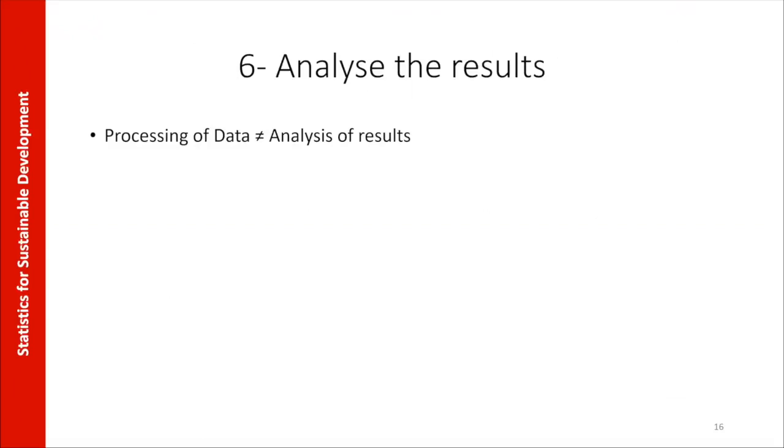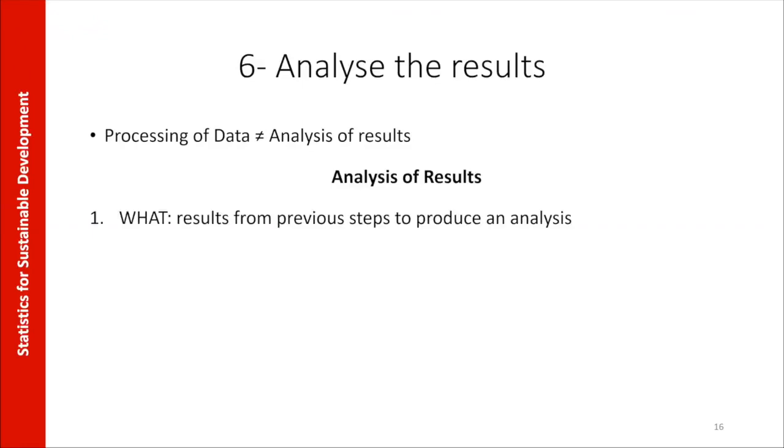Finally, as the last step, we will analyze the results. And here we would like to make clear that in this approach, processing data and analysis of results are two different processes. We have already processed the data. We have already got tables, graphs, models, right?